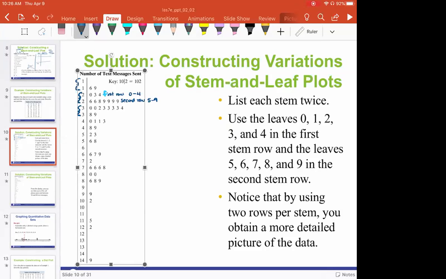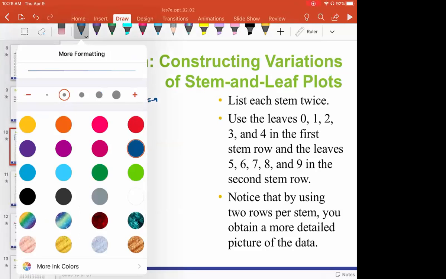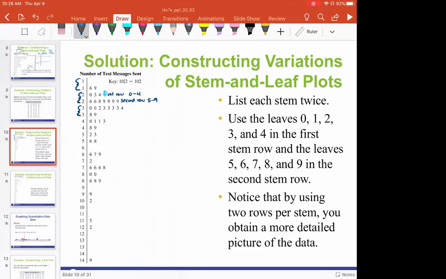So it allows you to create more spread. So be careful in case it tells you a specific instruction asking you to have 2 stems. So it's saying to list each stem twice. That was the rule that let you know to graph it that way.